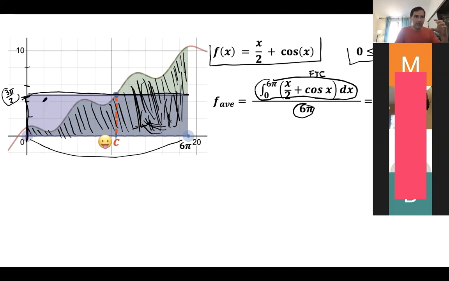In any case, the area of this purple rectangle is exactly the same as the area of this wavy region. And that's the point of the mean value theorem.